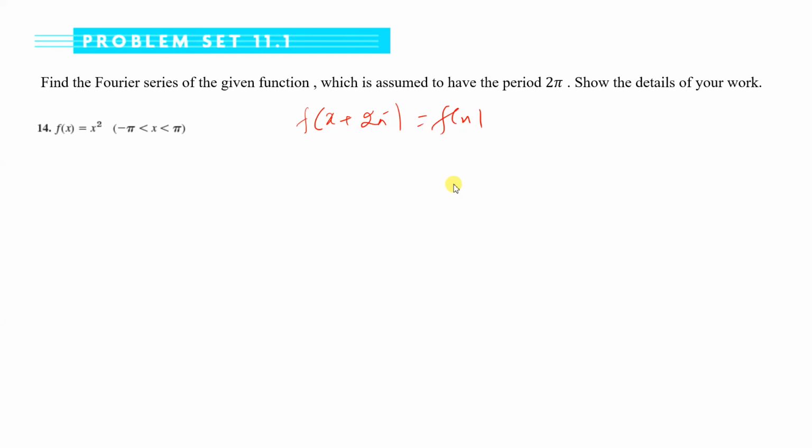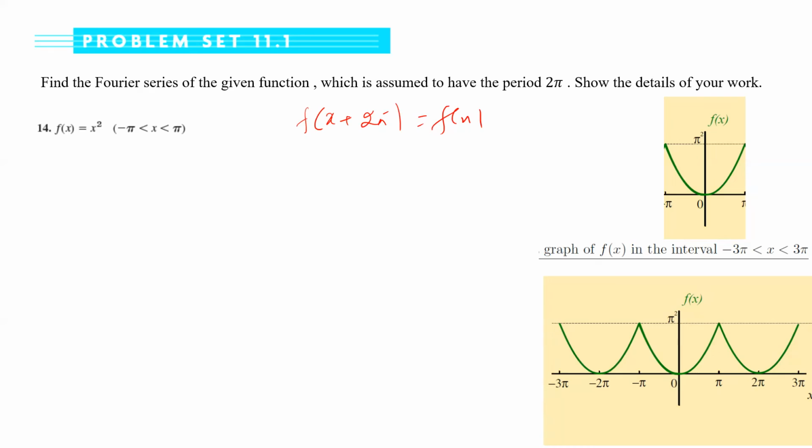So first of all, let's see the graph of the function. This is the graph of the function, and if we look at the periodic function in different intervals, we can see it repeating itself after every interval of length 2 pi.